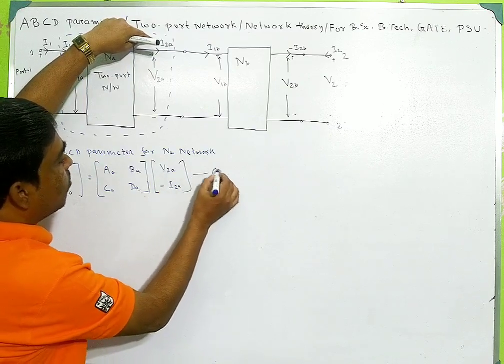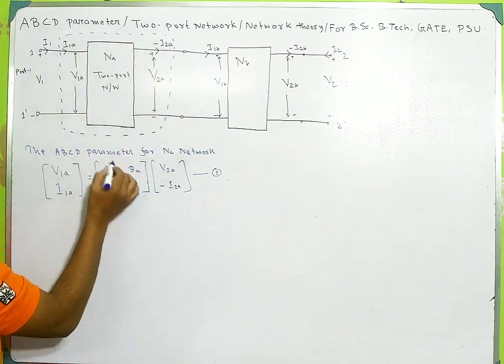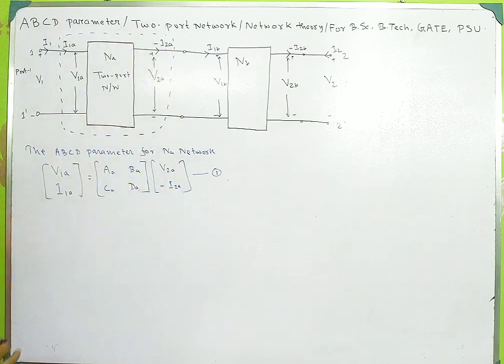This is equation number 1. So the ABCD parameter of this network NA is given by this.